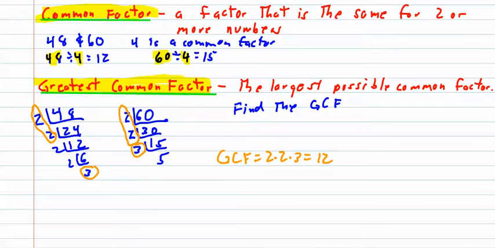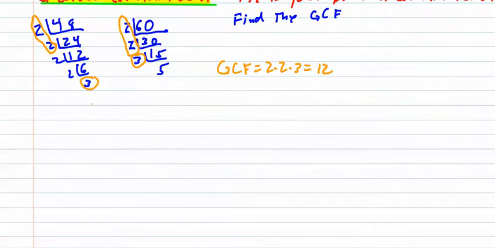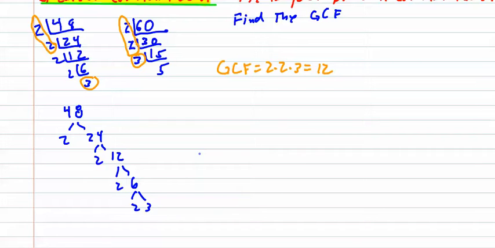Now, some people don't like using my little box method there, and they learned going like this: 2 and 24, 2 and 12, 2 and 6, 2 and 3. And then the 60, 2 and 30, 2 and 15, and 3 and 5.